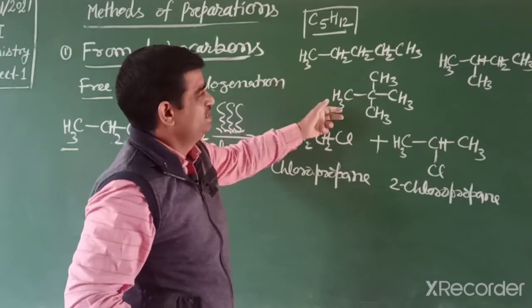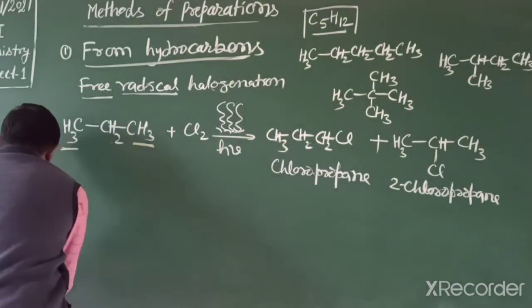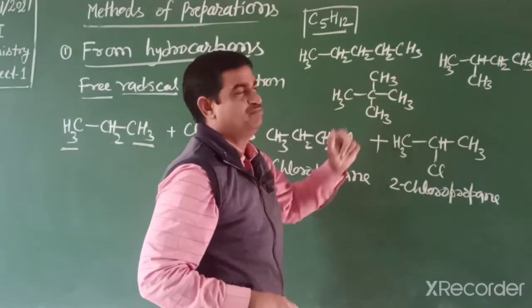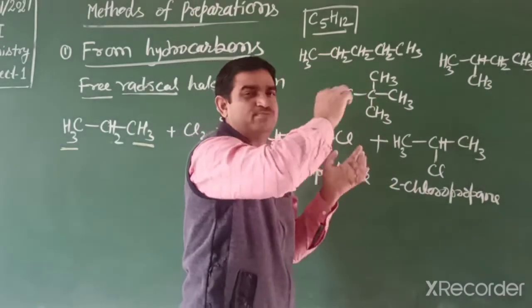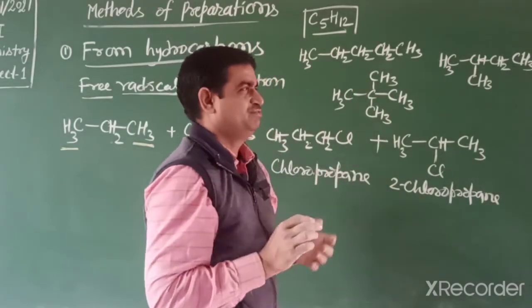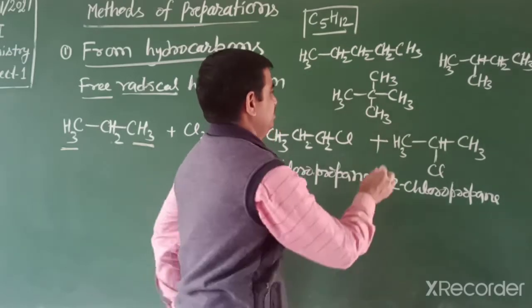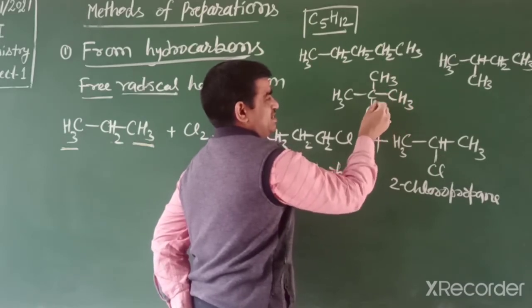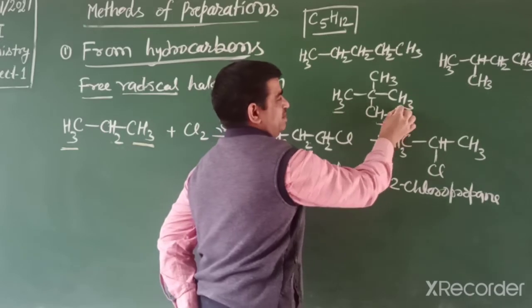So we have to identify which gives only a single type of monochlorinated product. How can you identify it out of these? In chlorination, first you identify the equal hydrogens. In this compound, all hydrogens are equal. You can start from any side, 1, 2, 3, and all these 12 hydrogens are equal.